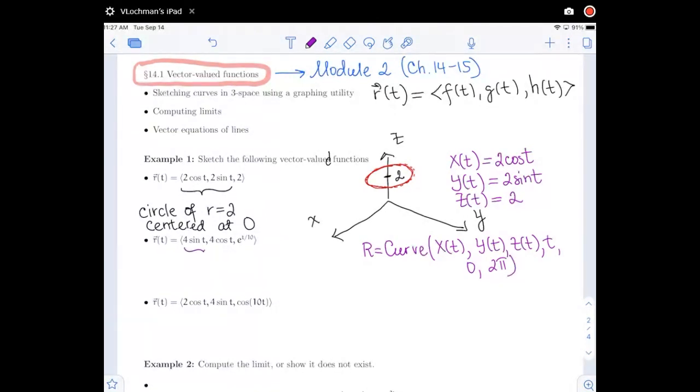Now I'm going to look at this and say, once again, this is a circle of radius 4, centered at the origin, except now this third component is not a constant.